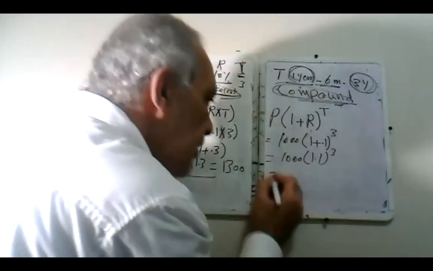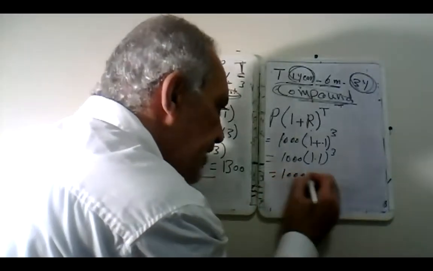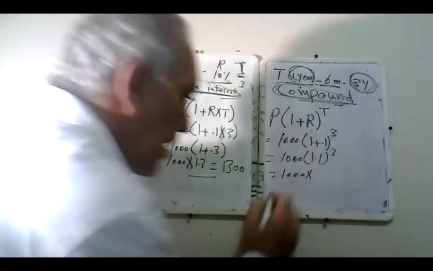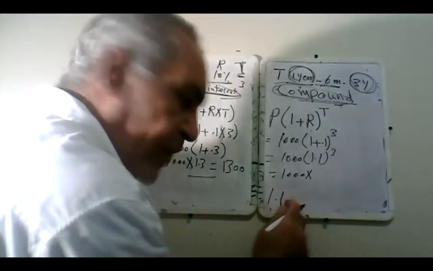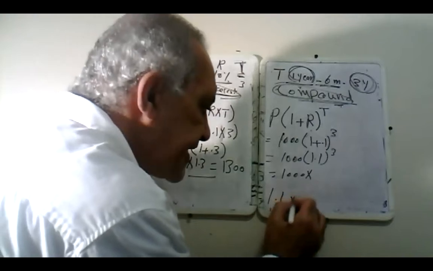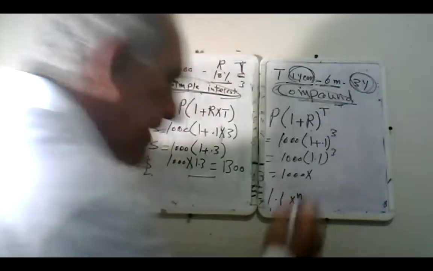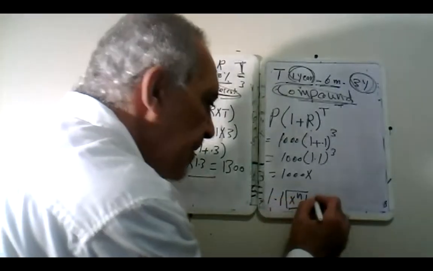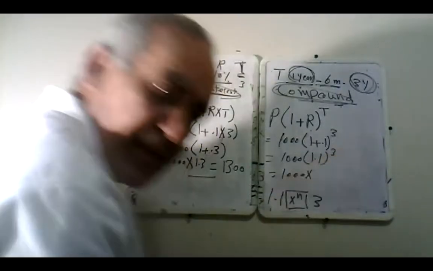This will be 1,000 times 1.1 power 3. The same thing you will do: $1,000 times 1.1 power 3. Go to our calculator and see it like this. Write 1.1, then go to the x^n button in your calculator, then press 3, which is the power.